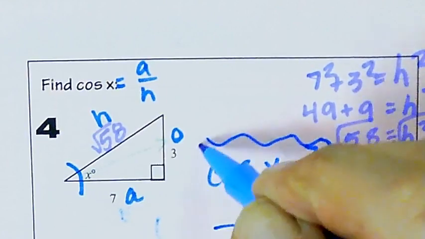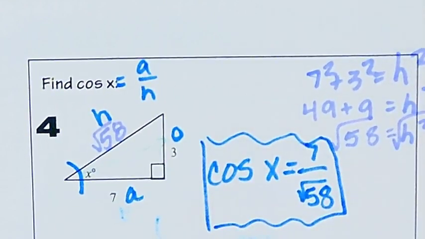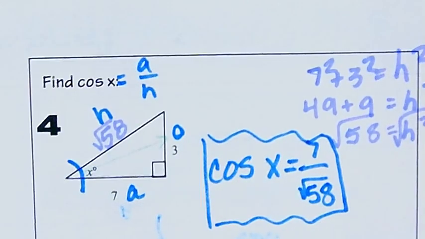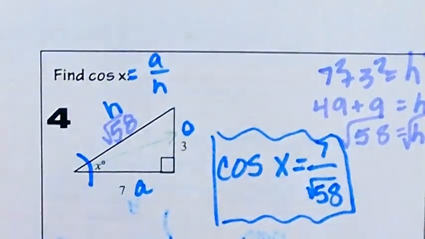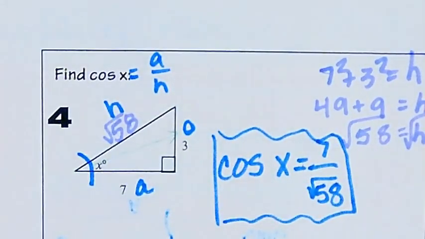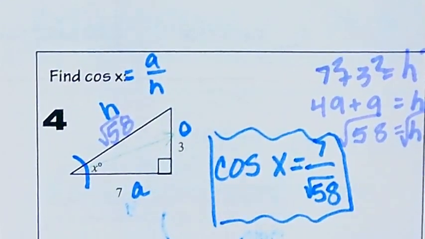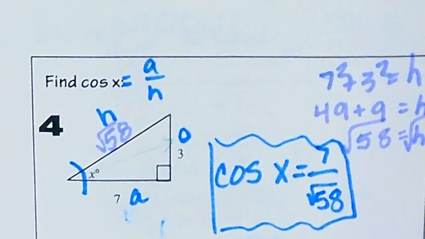There weren't any pairs, so we can't break it down. Okay, so 58 can't be simplified, so we just leave it at that. Okay, any questions? Seems okay?